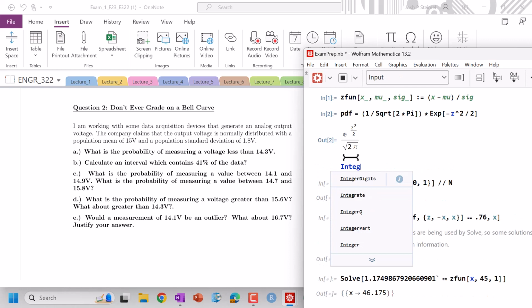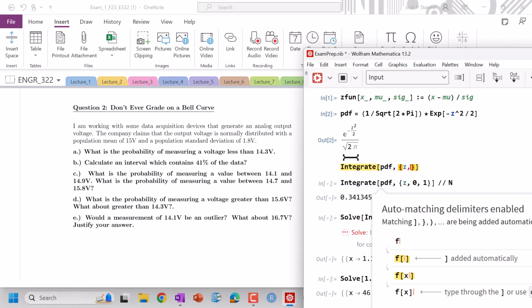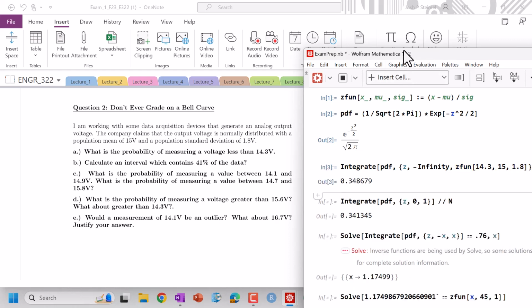I'm going to integrate my function PDF from minus infinity to z function of 14.3. Population mean is 15. Standard deviation is 1.8.